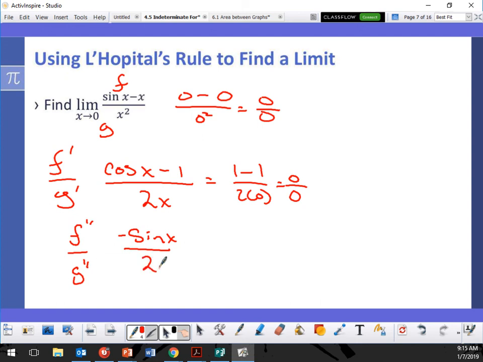So now can I plug in 0? Yes, I can. What's the sine value at 0? 0, right? Over 2. So 0 over 2 is just going to give me 0. It's no longer indeterminate. It's just 0 over 2, so my answer is 0.